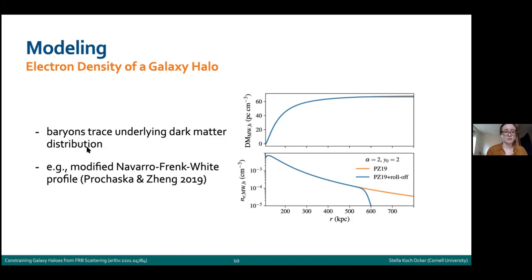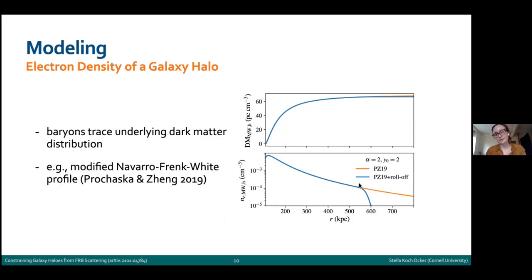And so we adopt the modified Navarro-Frenk-White profile from Prochaska and Zhang 2019. This profile describes the dark matter density profile of the galactic halo. The electron density distribution for the Milky Way halo that's predicted by this model is shown here on the right.